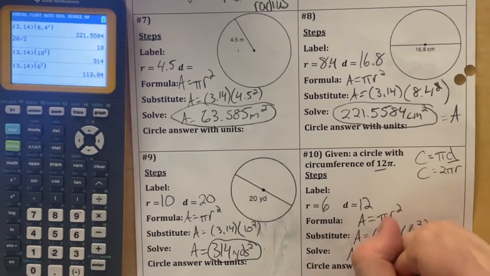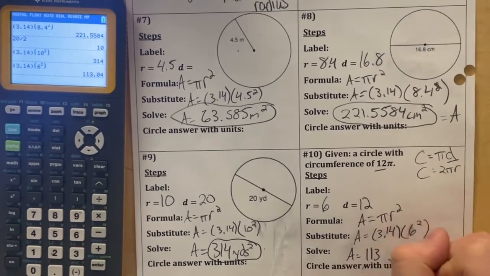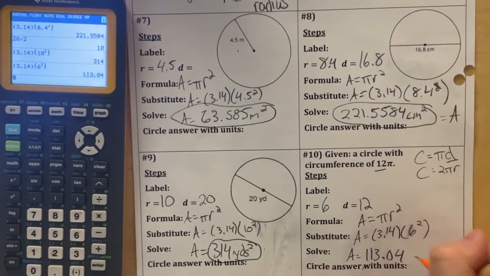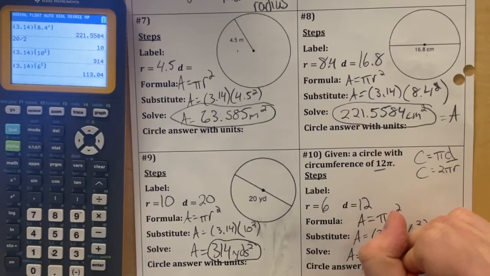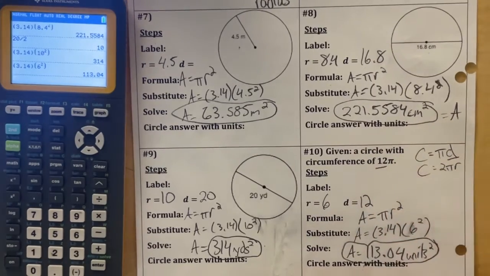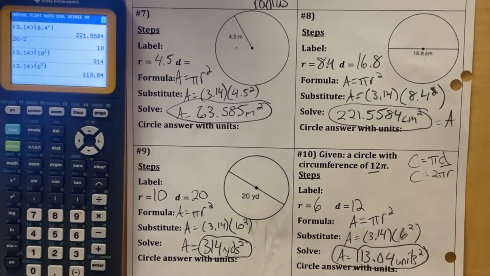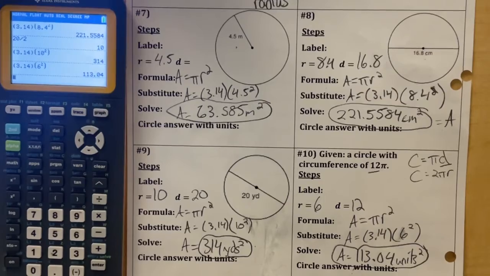And so we have our area is going to be equal to 113.04. Make sure we have units. We can just have units to the second power. So our area for that number 10 is going to be 113.04 units squared.